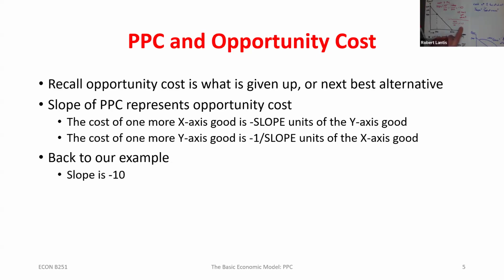So what was the slope, or the cost, of our x-axis good? 10. So the cost of wheat is going to be 1/10 of a computer, which, notice, is the exact same thing as if we had redrawn this entire model. So once you find the cost of your x-axis good, you always know the cost of your y-axis good is just 1 over that, right?